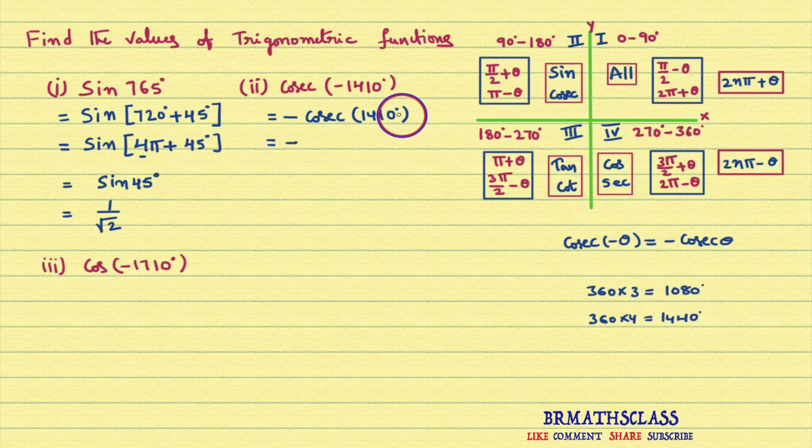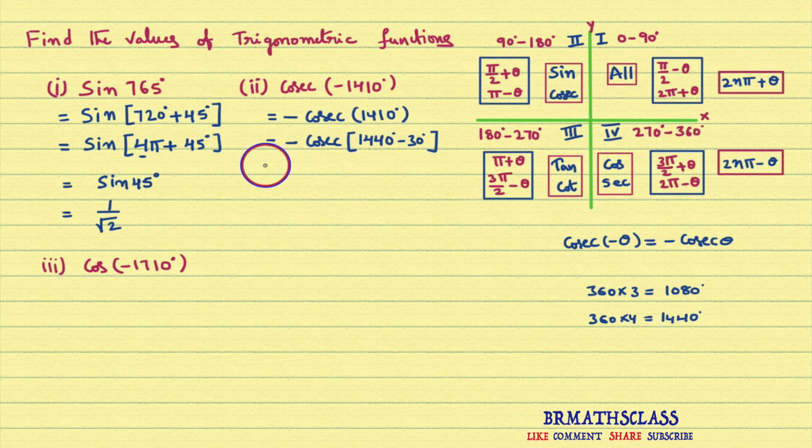This number is nearer to this. So what I will write here, cosec 1410 can be written as 1440 degrees minus 30 degrees. You see 1440 degrees minus 30 degrees is 1410 degrees only.